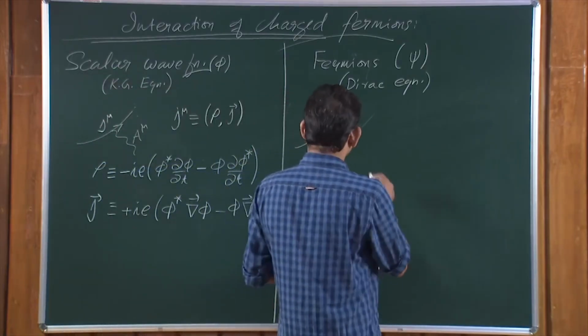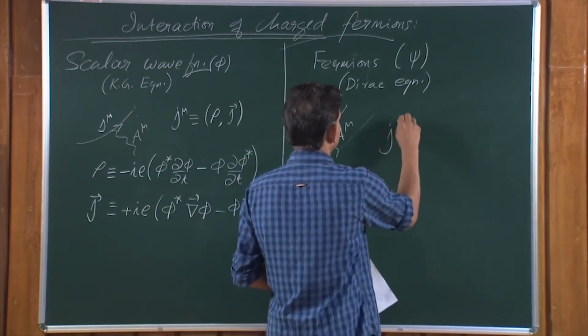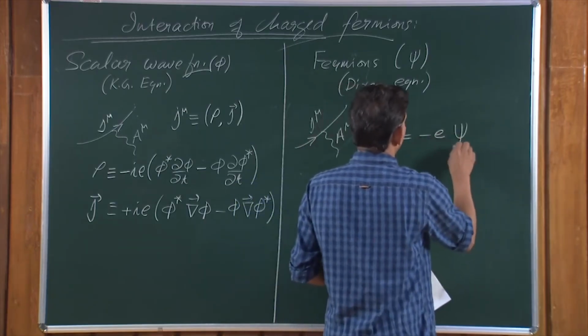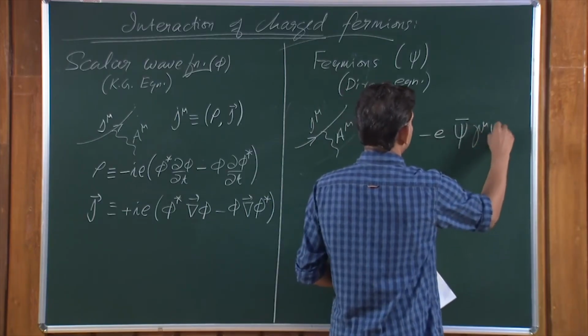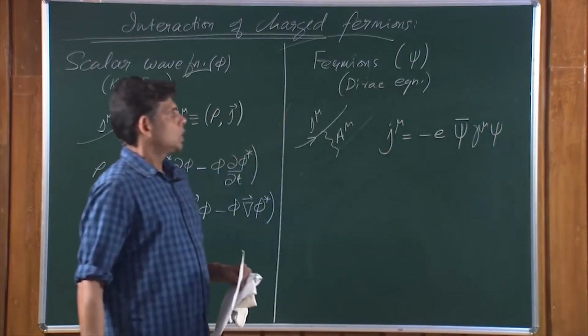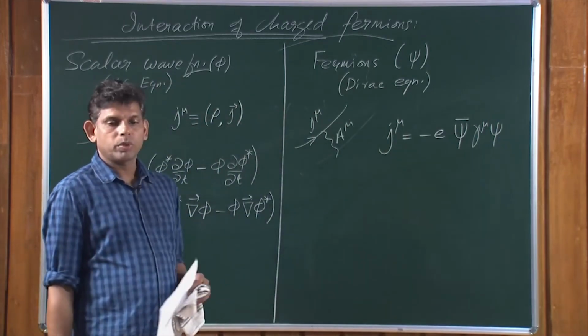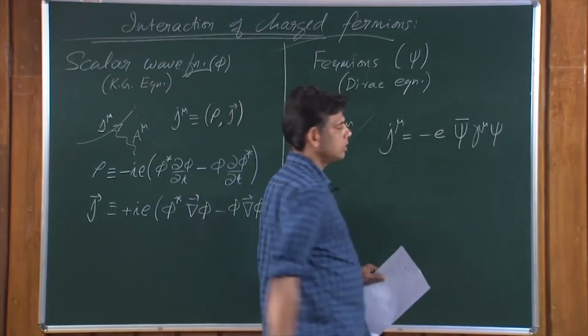So, this is again we can do in the same way. The only thing is what is J mu. Here J mu is for electron minus E, the charge of that, psi bar gamma mu psi. So, psi bar is known, gamma mu is the Dirac matrix, and psi is the wave function.